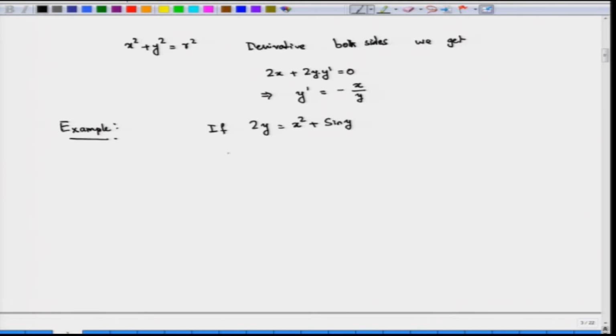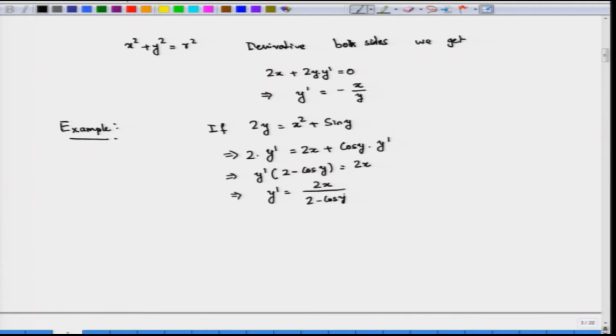However, if we take the derivative on both sides, we get 2 y prime equals 2x plus cos y times y prime. So y prime times 2 minus cos y is equal to 2x, which implies y prime is equal to 2x by 2 minus cos y.